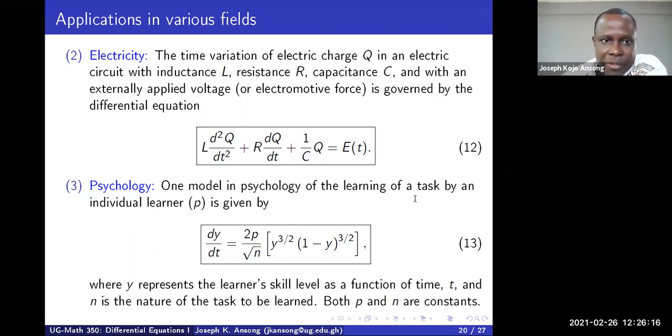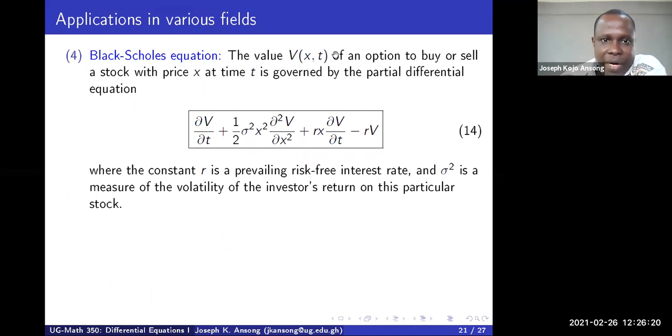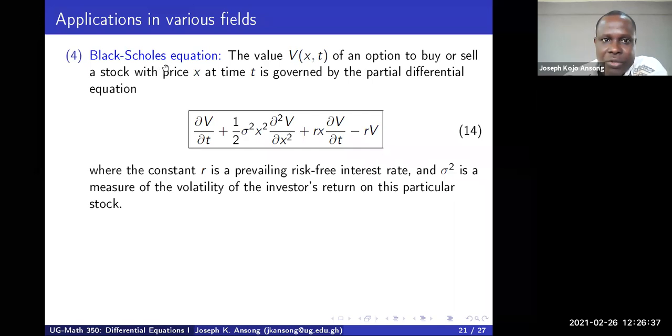Good. And then this is now a partial differential equation that is often used to model options. The value V of an option to buy or to sell a stock with price X at time T is governed by this differential equation, which is often called the Black-Scholes equation.